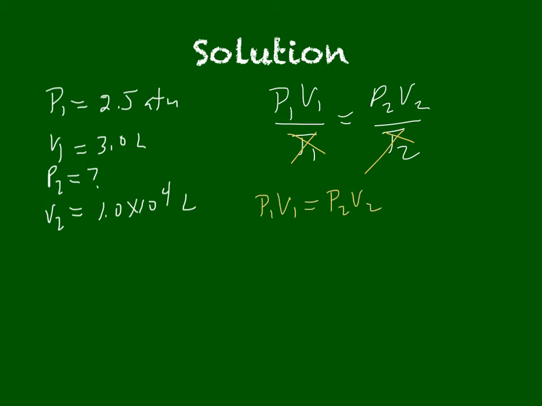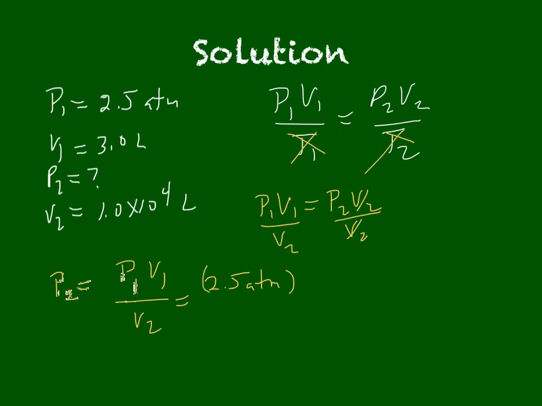I want to find P2, so I'm going to divide both sides by V2. That cancels, and we get P2 is equal to P1 V1 over V2, which is equal to 2.5 atmospheres times our volume 1, which was 3.0 liters, all over 1.0 times 10 to the 4th liters.